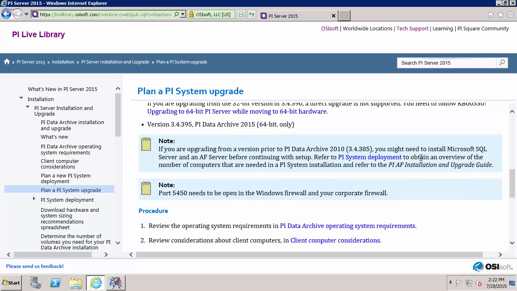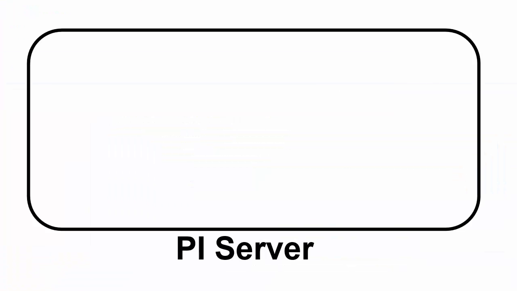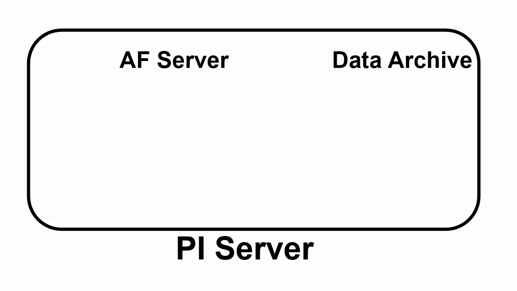Also note that since we are upgrading from a version prior to 2010, 3.4.385, we will need to install Microsoft SQL Server and an AF server before proceeding with the data archive upgrade. Let's see how all of these fit into place in the PI server. The PI server is composed of two major components, the PI data archive and the AF server.